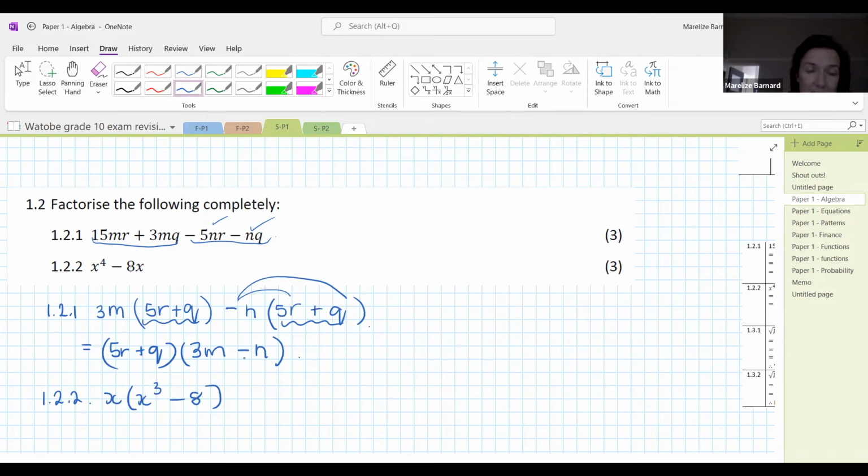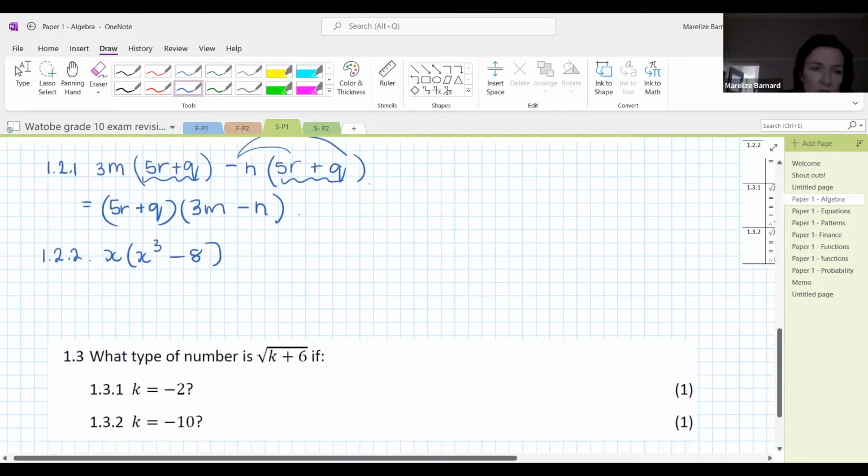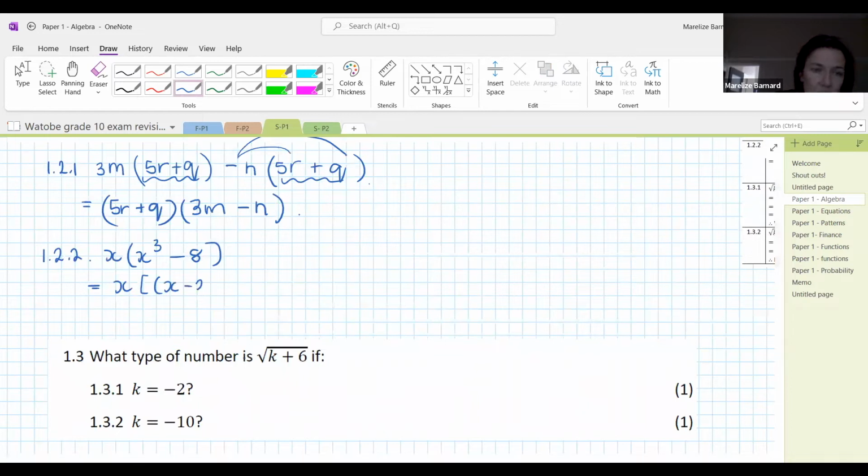X cubed minus 8 is the difference of cubes. So we need to factorize it as that. So we can say x minus 2. We take the cube root of the first term and the cube root of the second term.